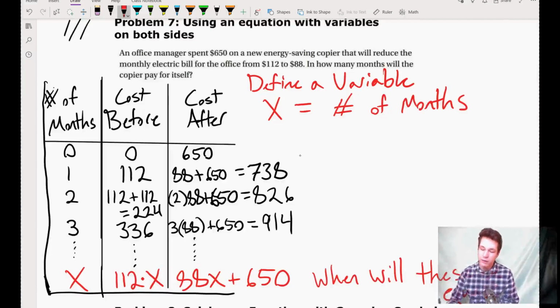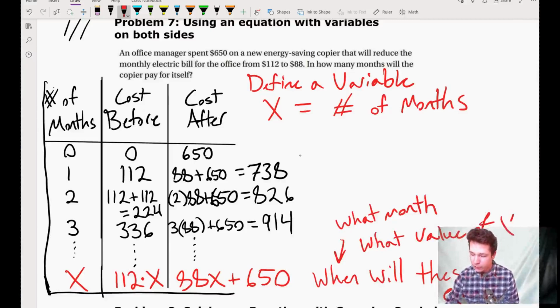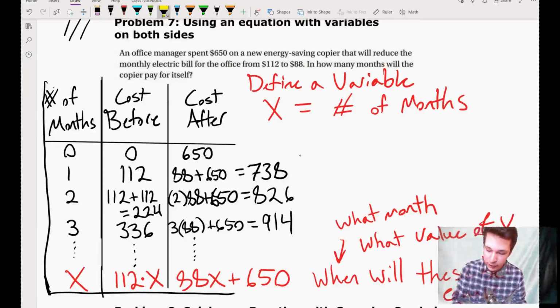When I say when, I mean what month, and when I say what month, I mean what value of X? So what value of X will these two expressions, and I'll highlight them here, be equal? We're solving for X in that equation.